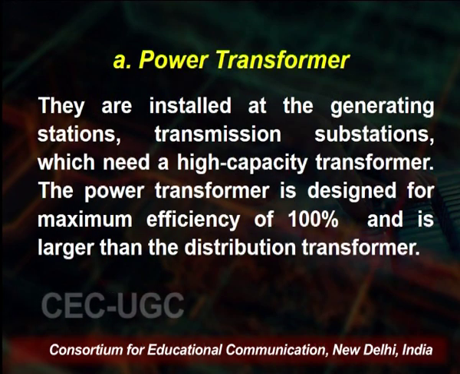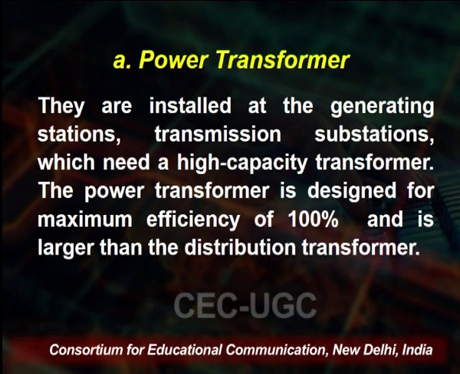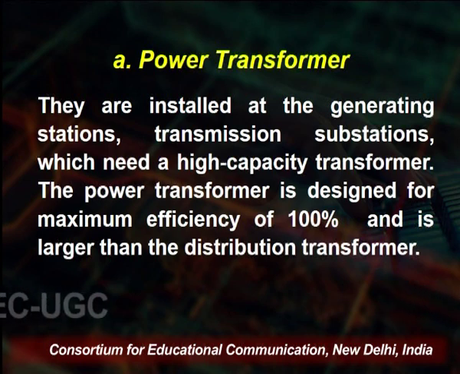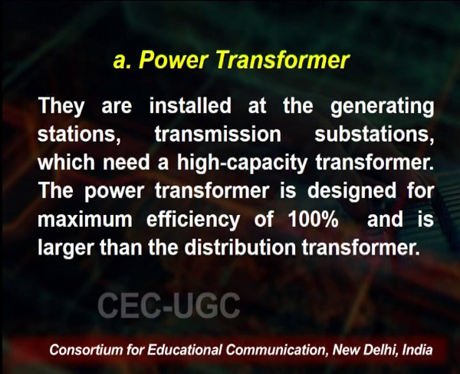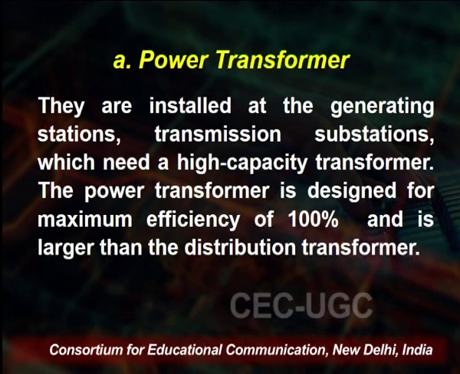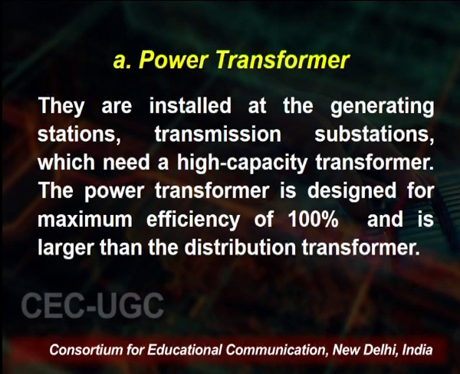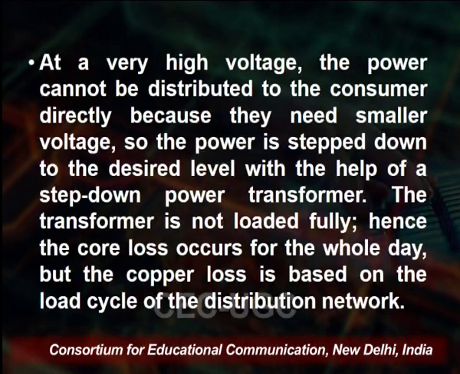They are installed at generating stations and transmission substations which need a high capacity transformer. The power transformer is designed for maximum efficiency of almost 100% and is larger than the distribution transformer.